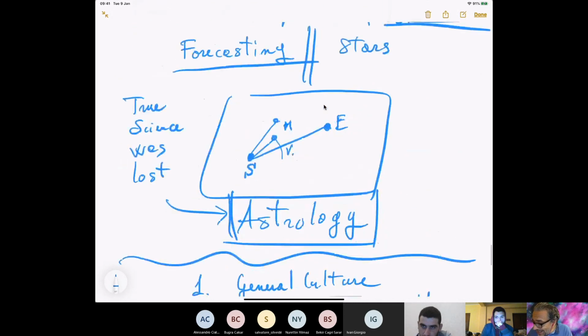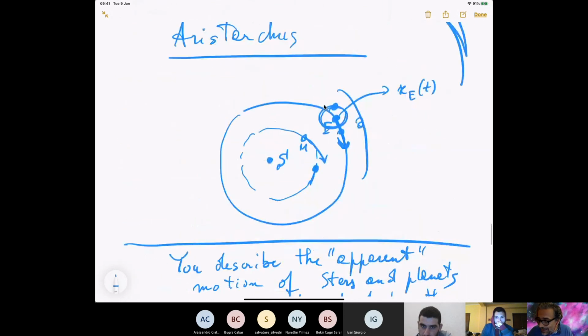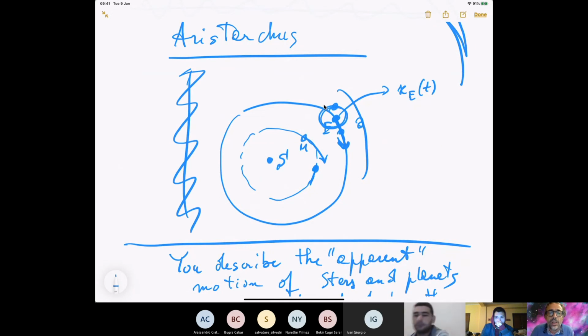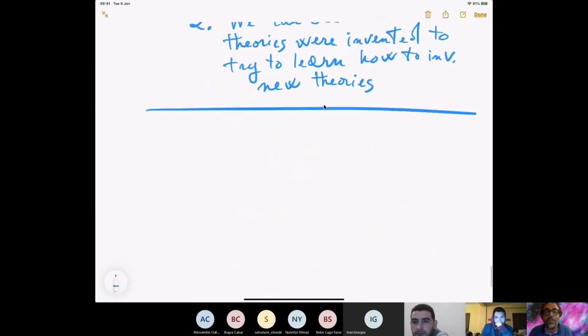So to see how the planetary system was invented and how the model for planetary motion was built is very important if we want to build new theories.